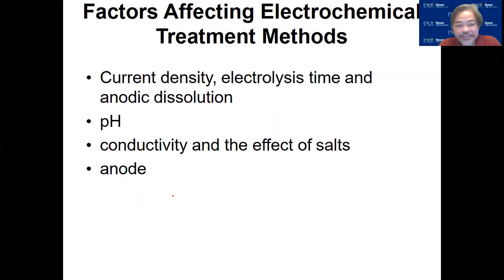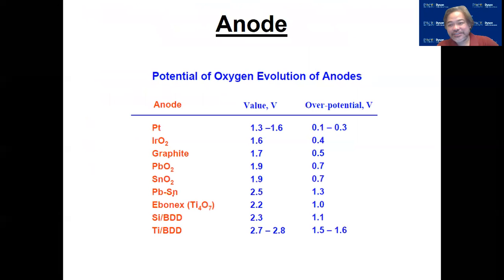You have the current density, the electrolysis time, and anodic dissolution. pH would also play a role. Conductivity and the effect of the salts is another factor that you need to consider. And most importantly, the electrode that you use, the anode, because it's in the anode where oxidation takes place.